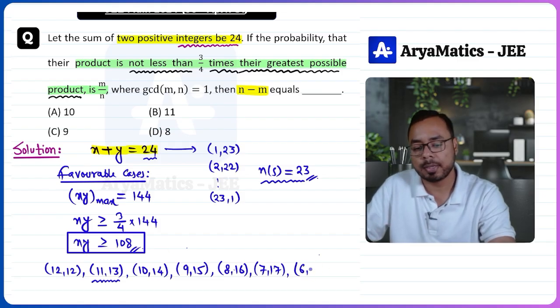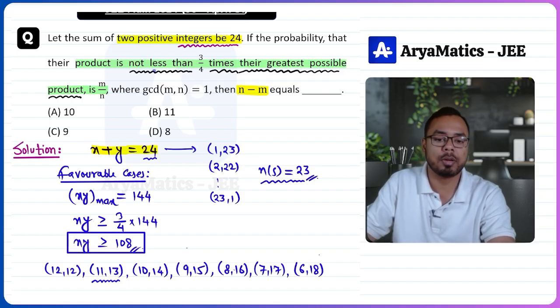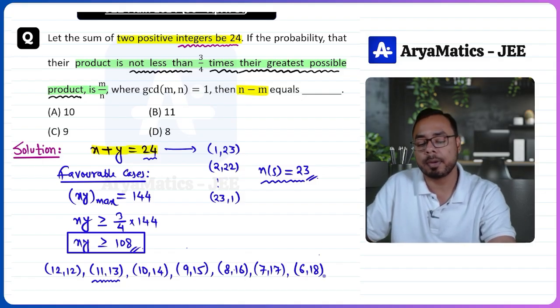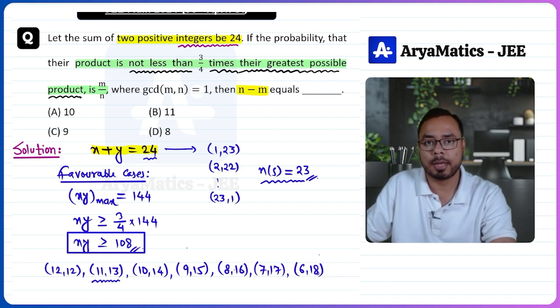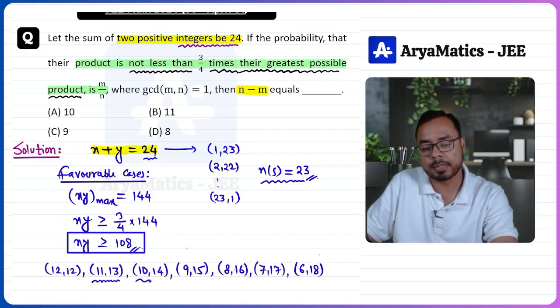Next possibility will be 6 and 18. 6 into 18 is 108. Here it should be either greater than or equal to; not less than means either more than or equal to that number. So 6 and 18, this will be 108. If you take 5 and 19, then 19 into 5 will be 95, and then the product will become smaller than this number. So these are all the favorable cases.